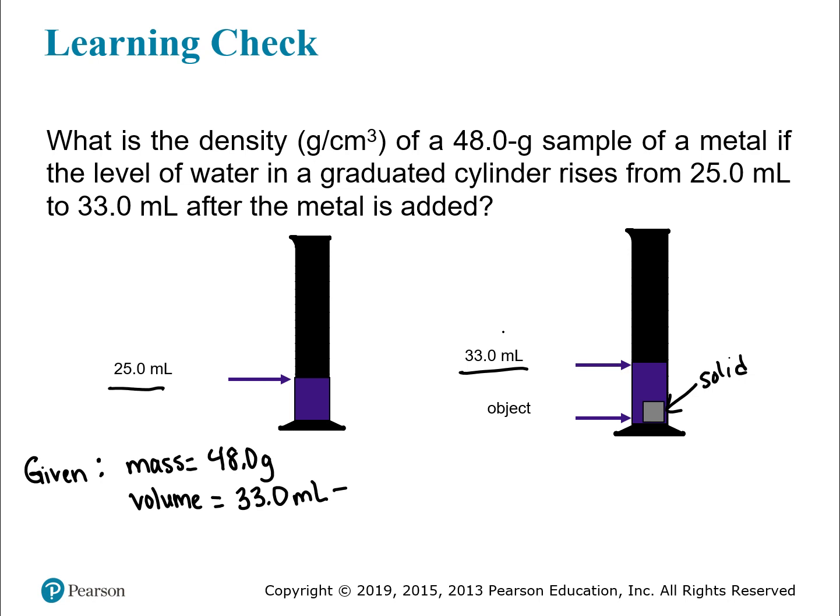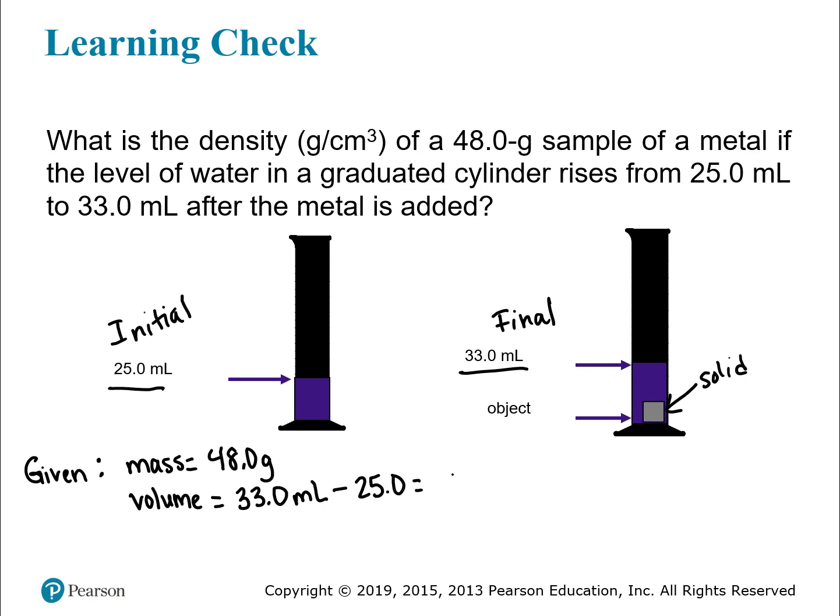So the final water level is 33. The initial water level is 25. You do that math. Don't be ashamed if you need a calculator. It's okay. Sometimes mental math don't be working right.